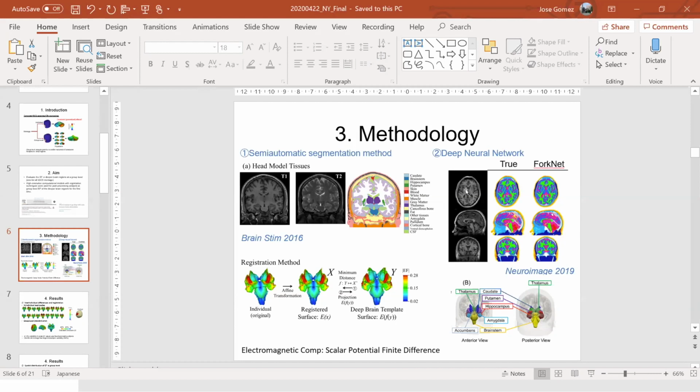So I just want to ask you, did you optimize your electrode montage in your simulations to get all these hotspots in the deep brain? Yeah, thank you. For the case of the tDCS, we only used, as you saw, the common EEG system.